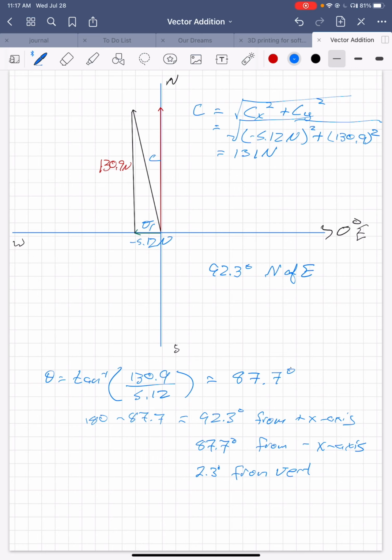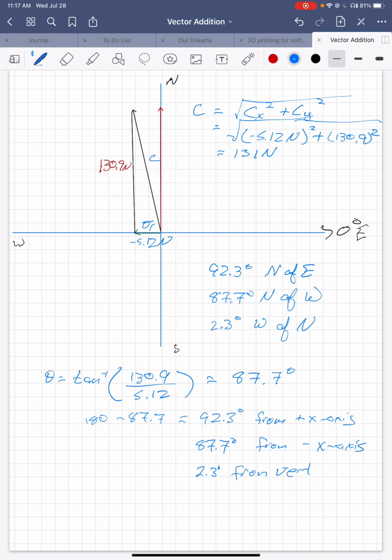Or I could say it's 87.7 degrees north of west. So I go to the west and I rotate toward north. Or I could say it's 2.3 degrees. Well, now I want to start north and rotate west. So west of north. All right. So that's vector addition in a nutshell.